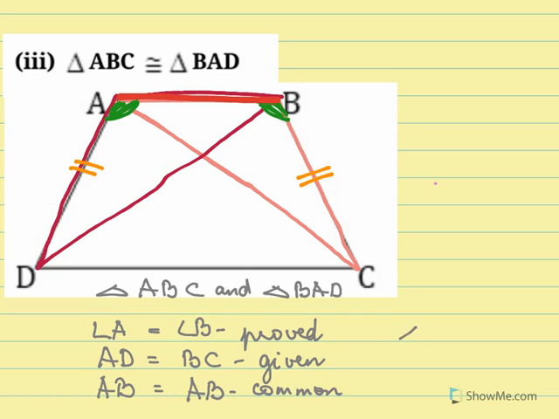It was common side. So I can write now triangle ABC congruent to triangle BAD by SAS test. This is the S, this is the A, and this is the S by SAS test.